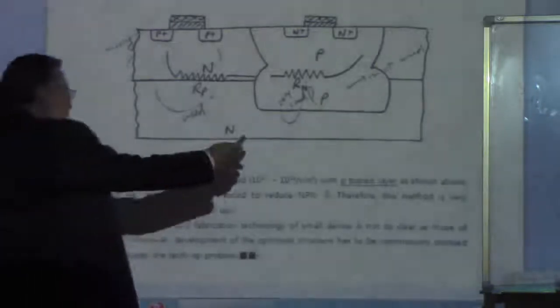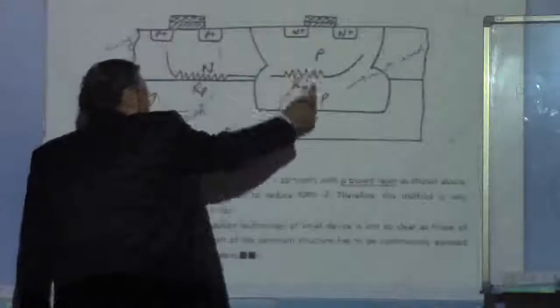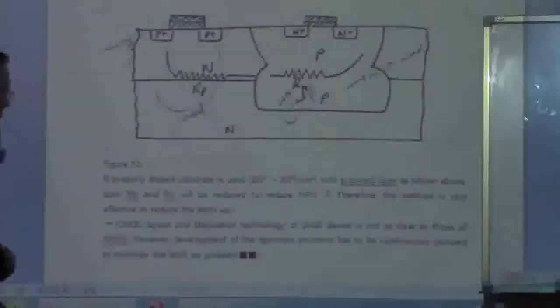This is not high, but relatively this P has been extended into the N region. So that is going to reduce the beta value. Therefore, this method is very effective to reduce latch-up.